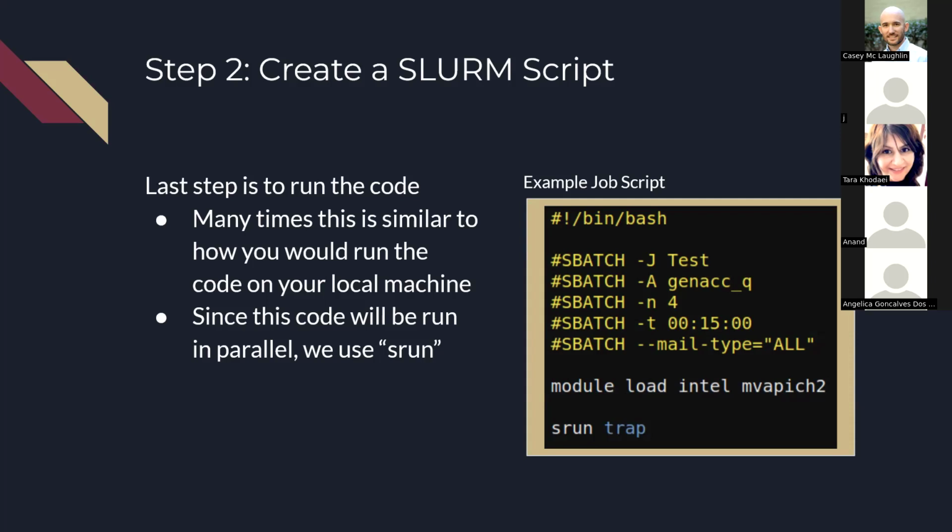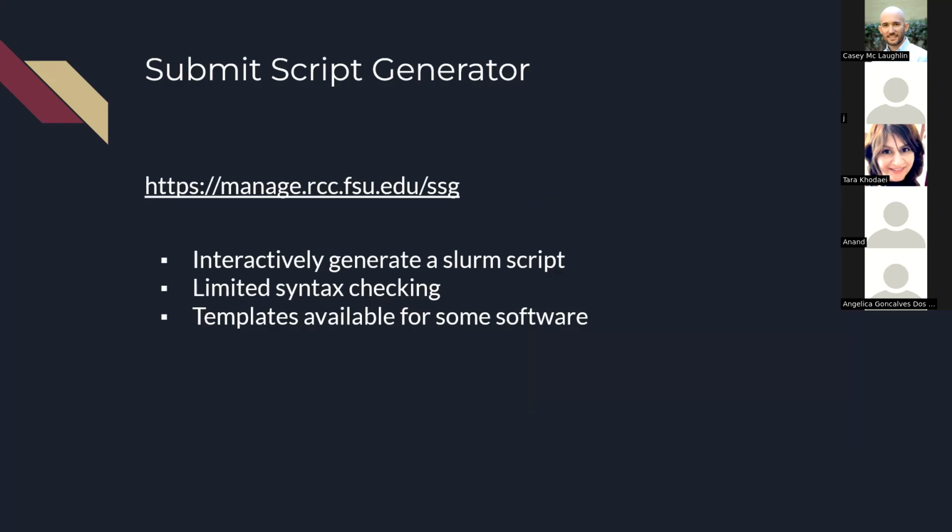And then when you're running your code, if it's an executable, you can do ./ or the specific location for it. Since this code will be run in parallel, we use srun as opposed to mpirun, which you might have seen in other iterations of this. And I think that's it.